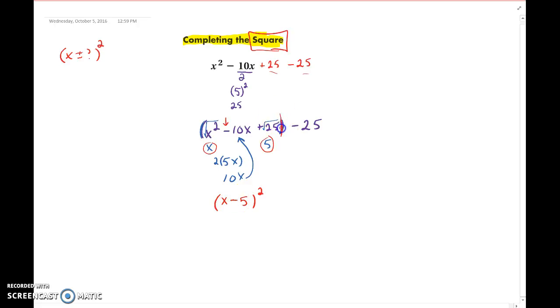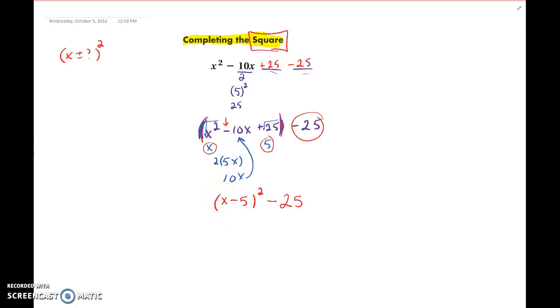So this here factors to x minus 5 squared, and then we can't forget the minus 25 at the end. In the beginning, we added 25 and we subtracted 25. That does not change our equation because we're essentially just adding 0 to it. It's just allowing us to regroup our problem so that we can manipulate it, factor, and get a perfect trinomial square.